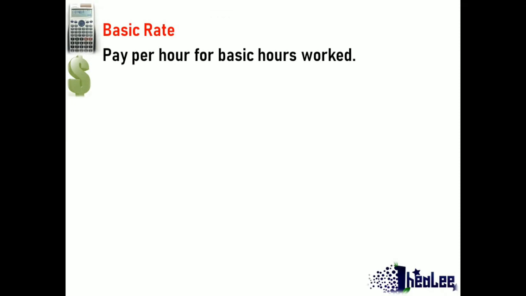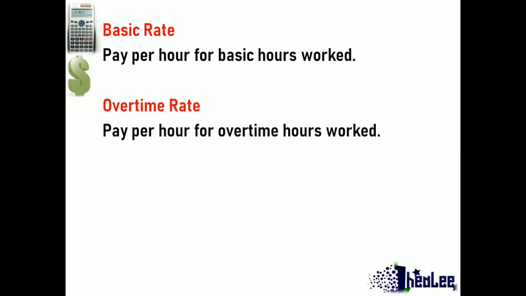So the question may say that the rate per hour is $20. So the $20 pay rate that you receive for each of those basic hours is referred to as basic rate. And the overtime rate is the pay per hour for overtime hours worked. Overtime can be paid at a time and a half or double the amount of the basic rate.